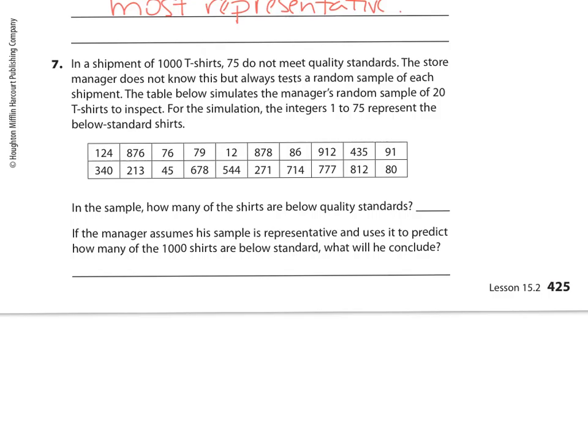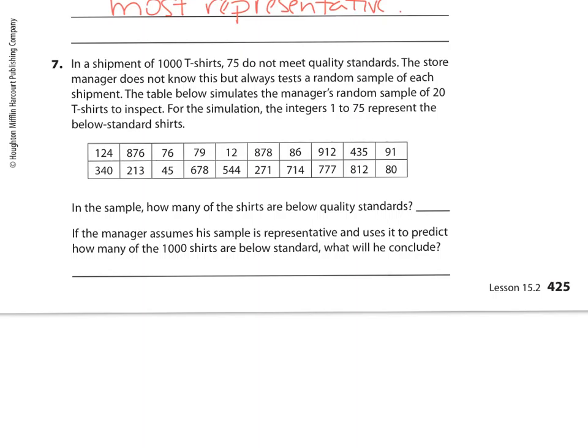So we'll say on average 75 don't meet quality standards. This table represents a random sample of 20 t-shirts out of the shipment of 1,000. Any of these numbers represent the numbers 1 to 1,000, but only 1 through 75 represents a shirt that did not meet quality standards.